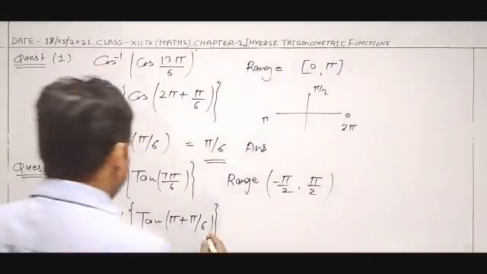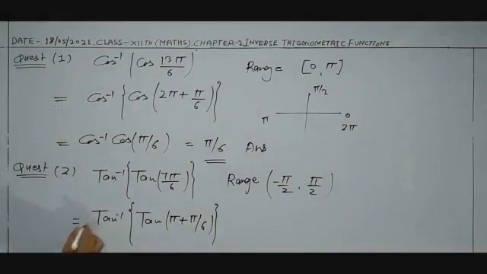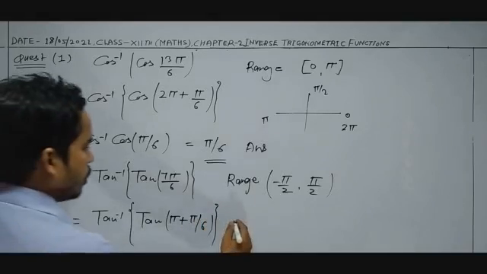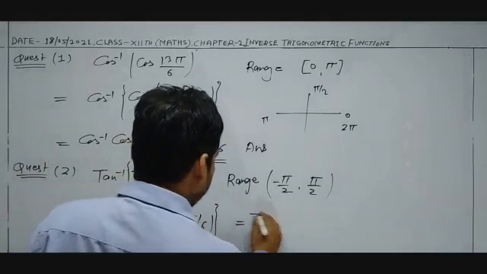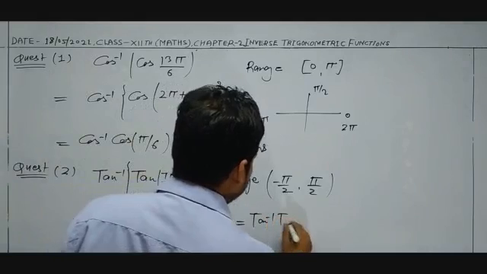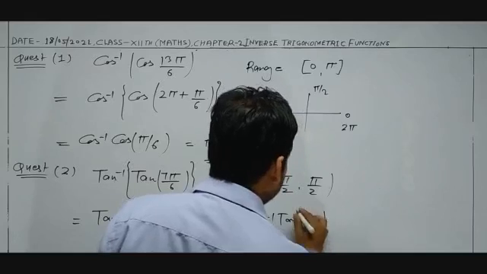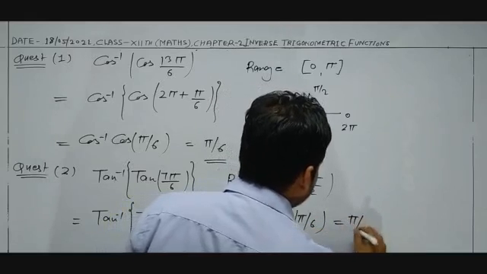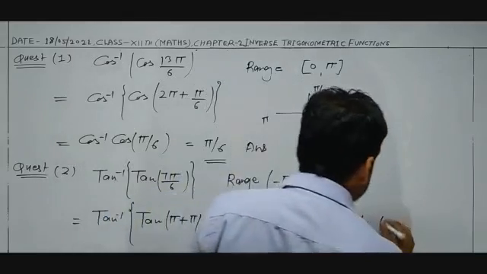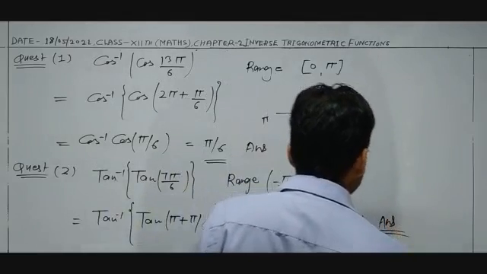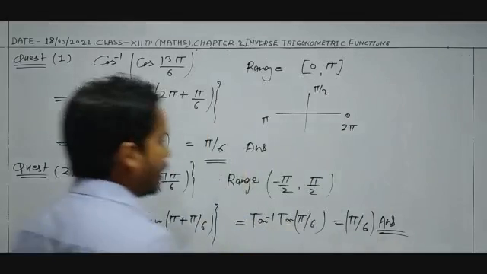So tan inverse tan of pi by 6, the result you will get is pi by 6. Pi by 6 is the answer.